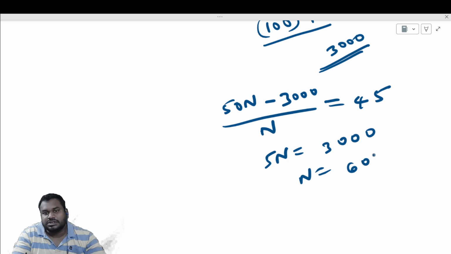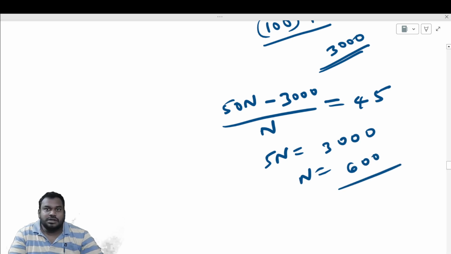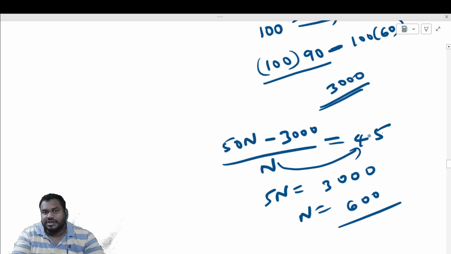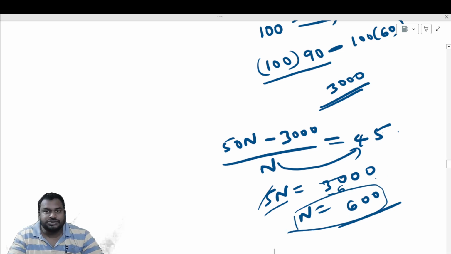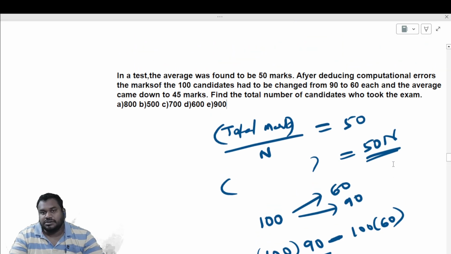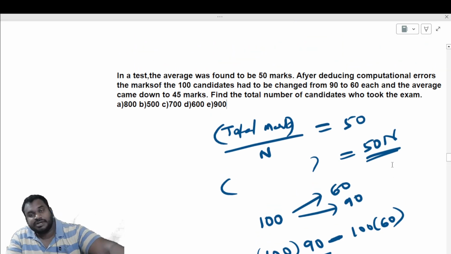N is equal to... See, I am not saying everything because these are simplifications. Take it to here, then it will become 45N. 50N minus 45N is 5N. And this minus 3,000, if it comes to the right side, it will become plus 3,000. So 3,000 divided by 5 is 600. So I am directly writing. You should understand, you should not keep blank pages. You should be able to eliminate some steps always so that your speed will increase.